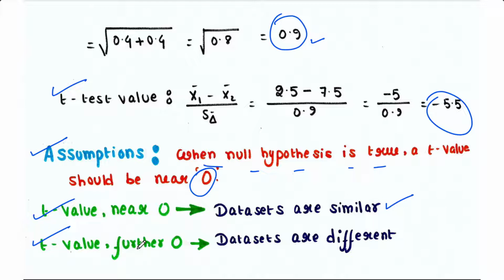T-values further from 0 indicate a large difference between the two data sets, that is, the data sets are different. So here we have found t-value is minus 5.5. That means two data sets are different since minus 5.5 is further from 0.